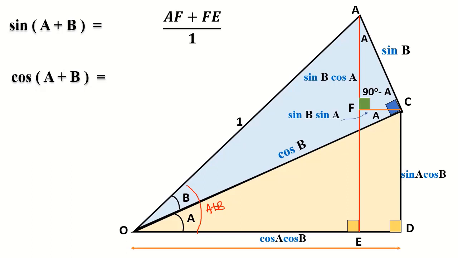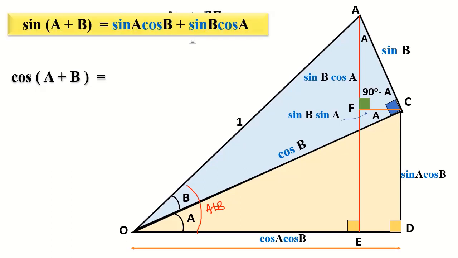Since AE is equivalent to AF plus FE, we will have sine of B cosine of A plus sine of A multiplied with cosine of B. We just rearrange the order of multiplication, so we have proved our first formula for sine of A plus B.